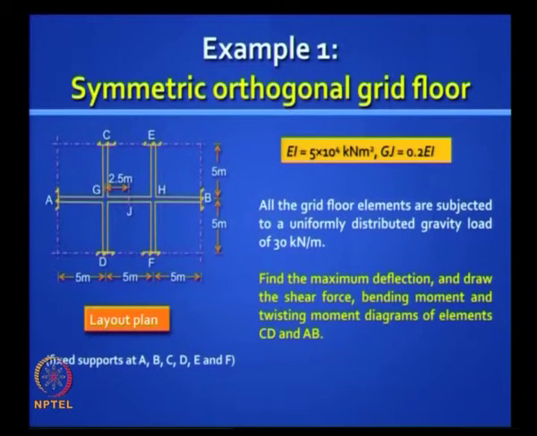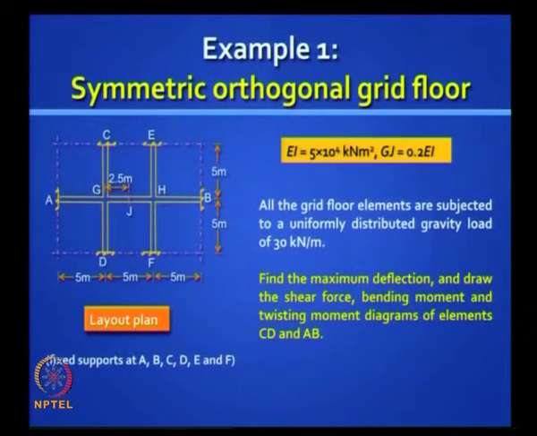Why can it twist? Because if you take the beam AGJHB, it is going to deflect in an odd way. You are only sure that the slope will be 0 at J because of symmetry, and the slope will be 0 at A and B because the ends are fixed, but anywhere else it need not be 0. So it will definitely have a rotation at G and H, and what is a flexural rotation for that longitudinal beam will be an angle of twist for the element CD.